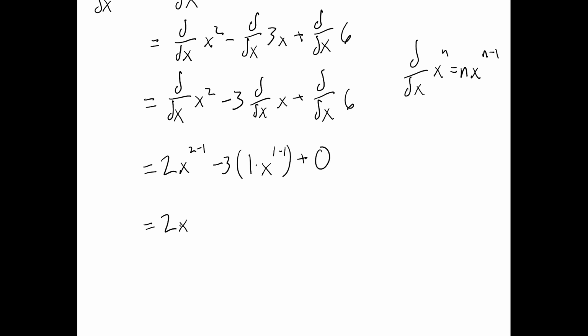Well, we know 1 minus 1 equals 0, and x to the 0, or anything to the 0, is 1. So we get negative 3 times 1, which is just negative 3. And then plus 0 does nothing, so we get this. So what we end up with is f prime of x equals 2x minus 3.